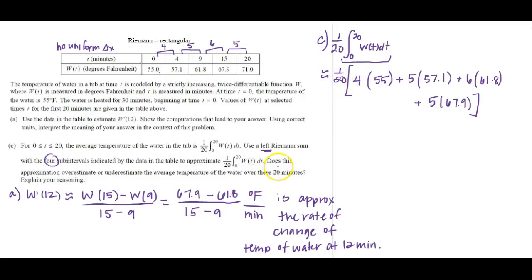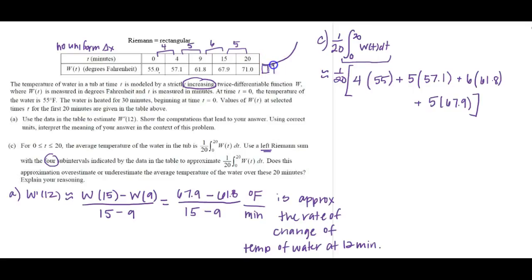The next part says, does this approximation overestimate or underestimate the average temperature of the water over these 20 minutes? Here's where we have to use that piece of information that we were explicitly told, that this function W is an increasing function. I'm going to quickly sketch an increasing function right now. If I use a left rectangular approximation, that means over every little interval I go to the left endpoint and create my rectangle.